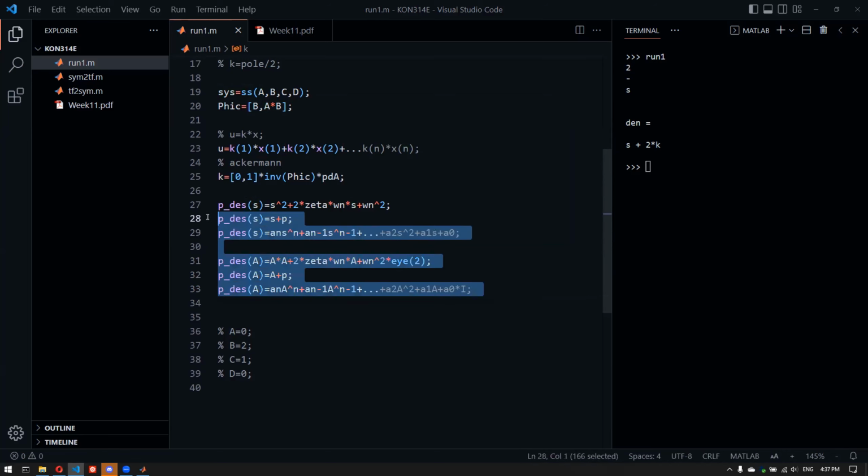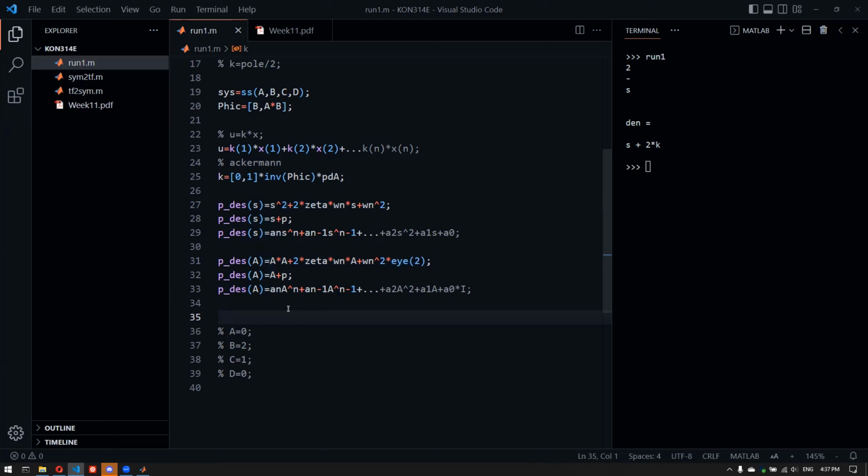Why are we doing such an interesting thing? We're taking a polynomial and substituting the matrix A into it. Well, it's more about the Cayley-Hamilton theorem, and the fact that the matrix satisfies its own characteristic polynomial.